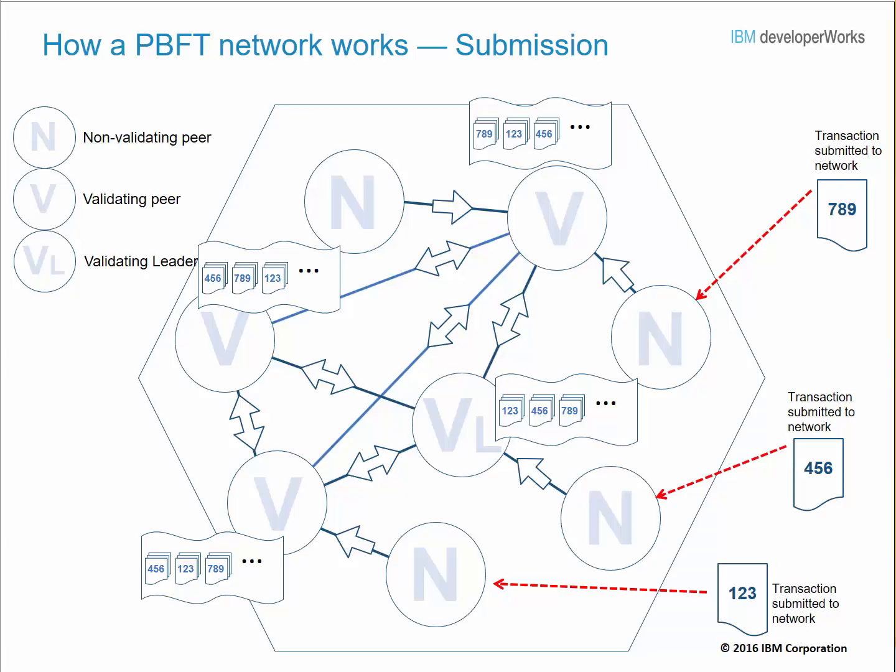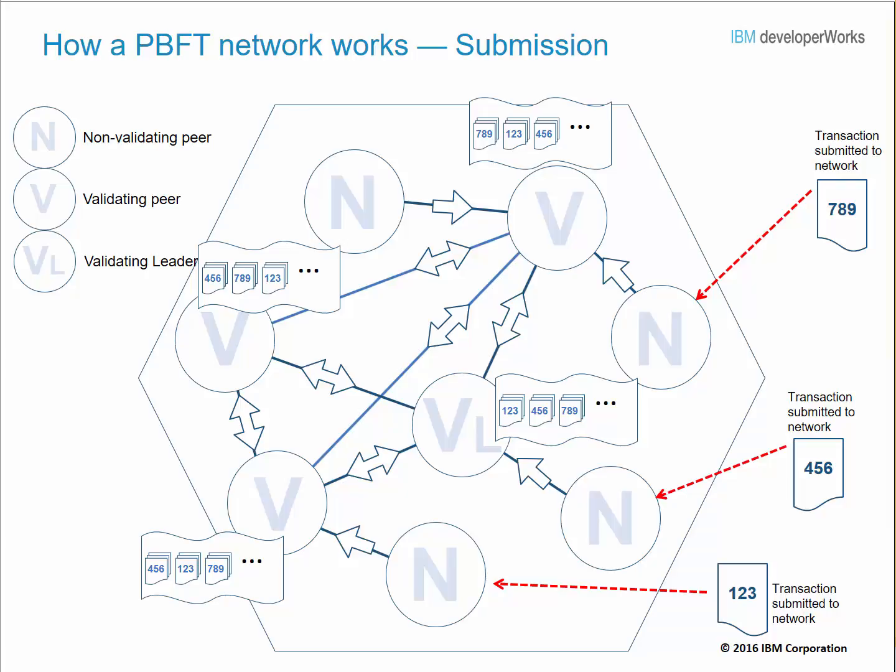The validating leader and the validating peer comprise the consensus network, and under the direction of the validating leader, the validating nodes will run the consensus algorithm and stop when consensus is achieved.